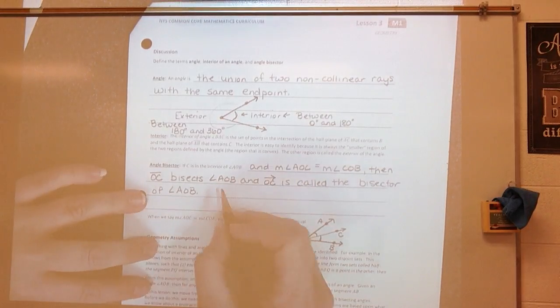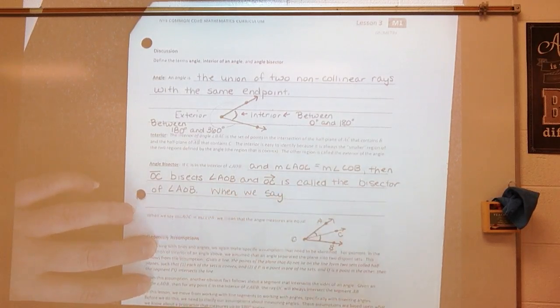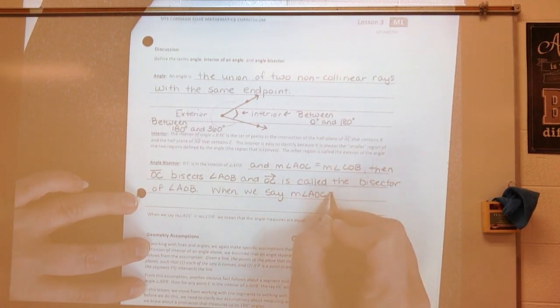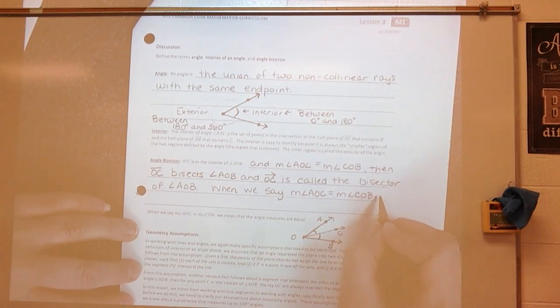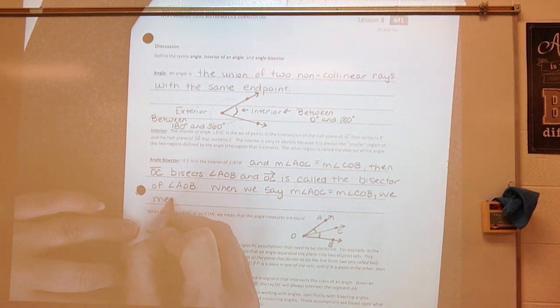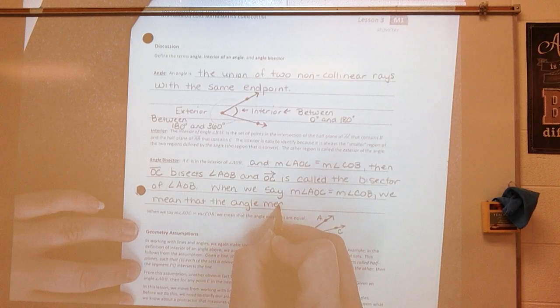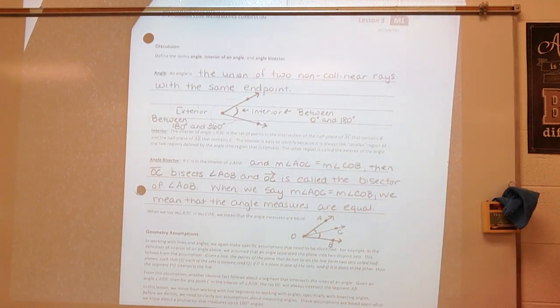When we say that the measure of angle AOC is equal to the measure of angle COB, what we mean is that the angle measures are equal. They have to be the same measurement.